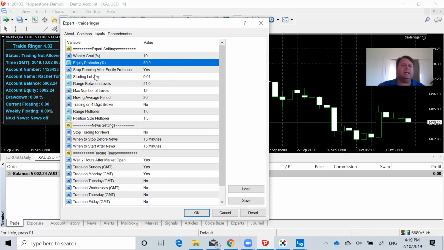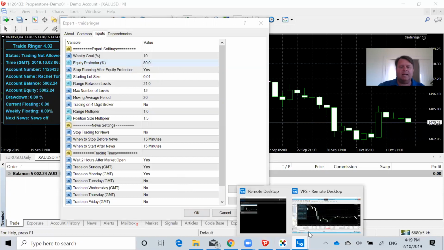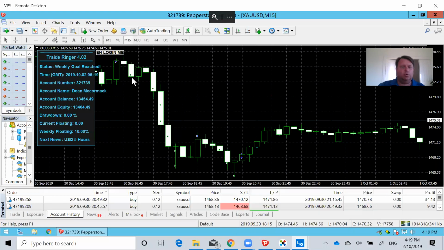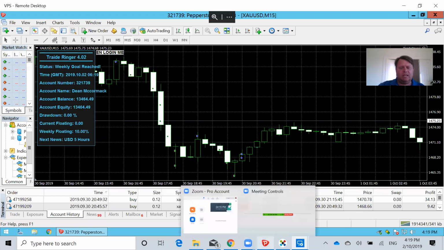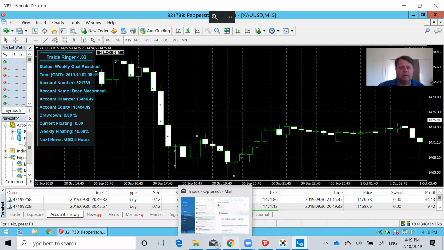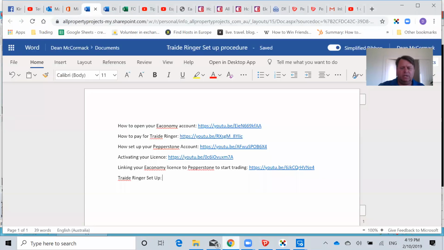Now, this is important, starting lot size. Notice how on my accounts, we were starting with 0.12. So that's the first one that opens, 0.12. The reason why is because I had a $12,000 account at the start of that particular week. So we work on 0.01 per $1,000. Let me open up a little bit of Microsoft Word here just so you can see it.